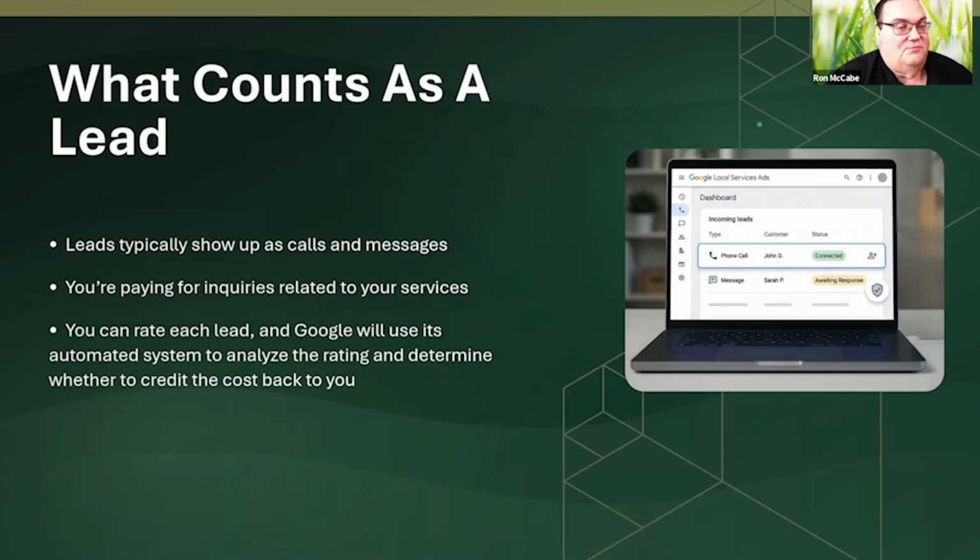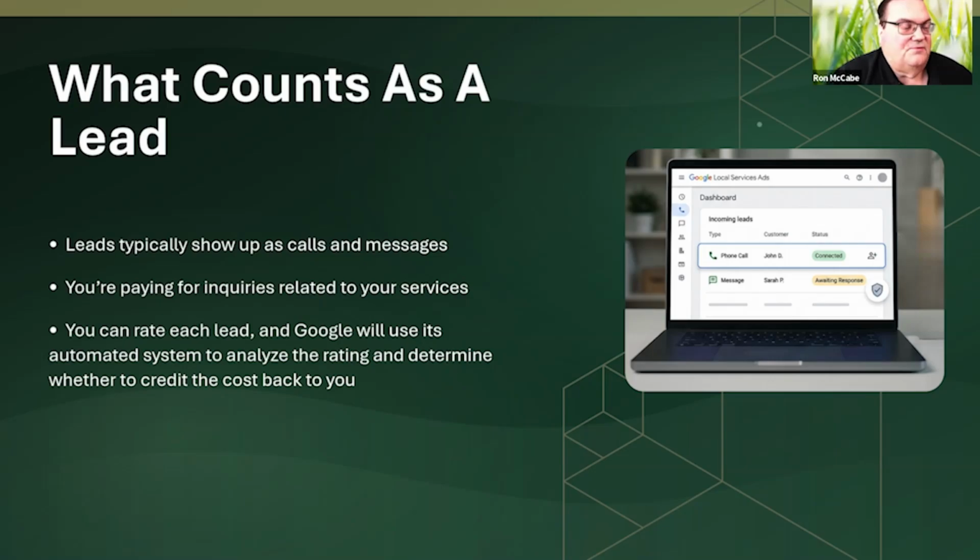In our case, most of our clients turn off the text messaging because they can't get back fast enough. Most people prefer just getting calls, and you're paying for inquiries related to your services. And super important if you decide to do local service ads, you have the ability to rate each lead.